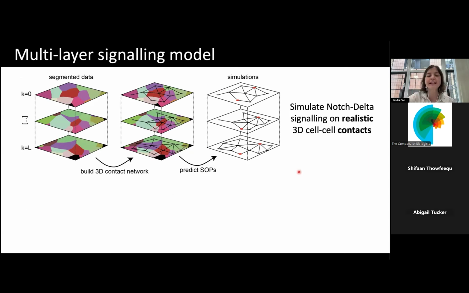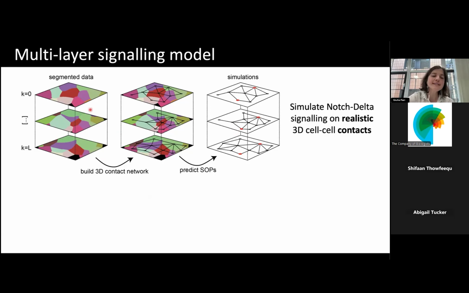Just to briefly explain, what we're aiming to do here is again simulations of Notch-Delta signaling equations, but have this done on a very realistic 3D cell topology, so realistic cell-cell contacts. And because it's quite hard to mathematically form those extremely elongated shapes with all of those neighbor changes, what we decided to do is to create simulations that run based on experimental data.